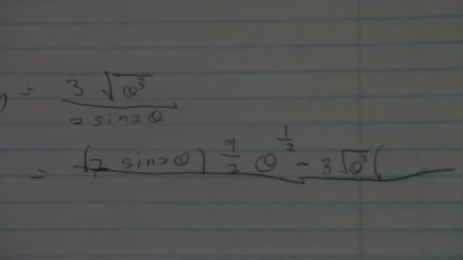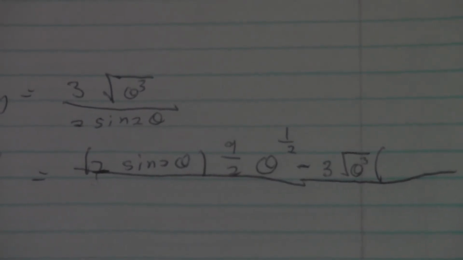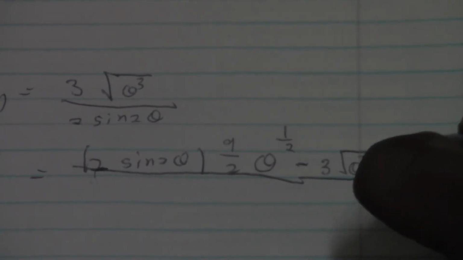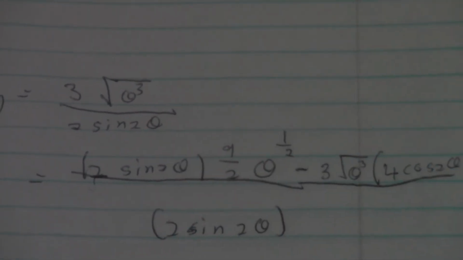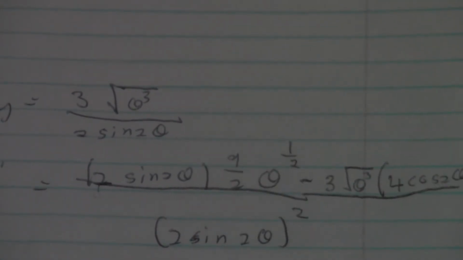When you differentiate the sine, you get 2 cos 2 theta times 2, so this is 4 cos 2 theta over 2 sine 2 theta, all squared.